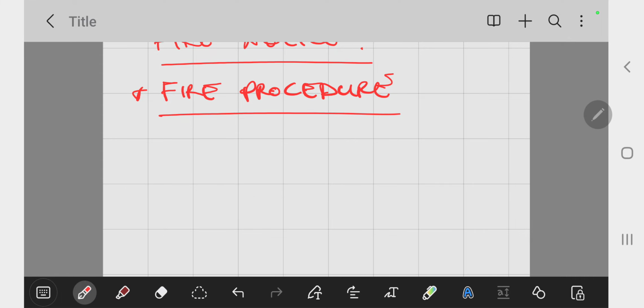Yeah, so basically that's it about fire notices and fire procedures. They are quite similar documents, but you can look up on Google for some pictures on what a fire notice is and what fire procedures are.